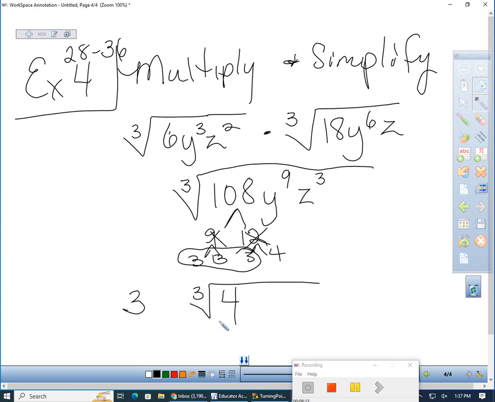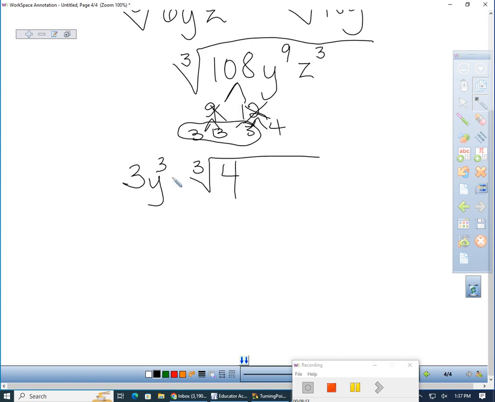Cube root of 4. Let's talk about our y to the 9th. How many groups of 3 y's can come out? Good. So I have y to the third on the outside. 1 group of z's can come out. Is there anything left over? Perfect. That would be your final answer.